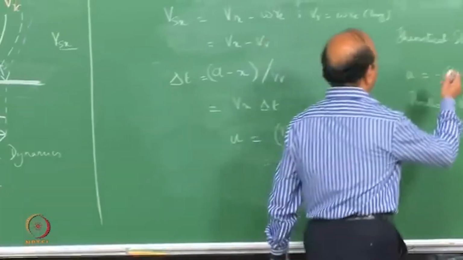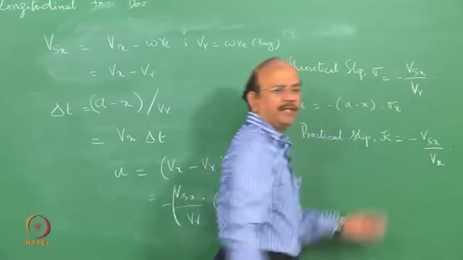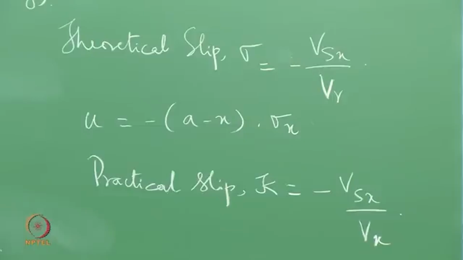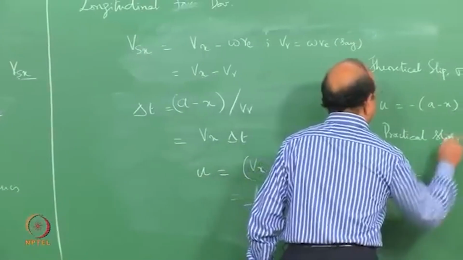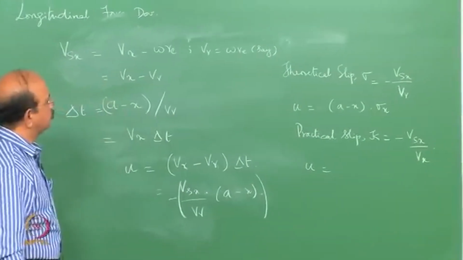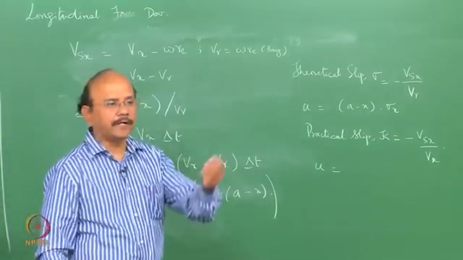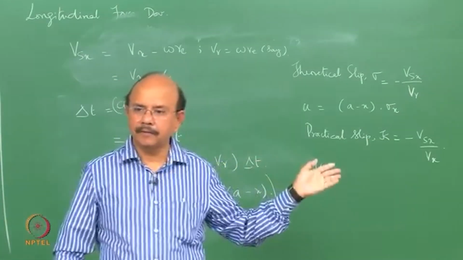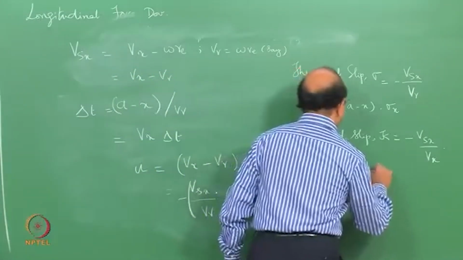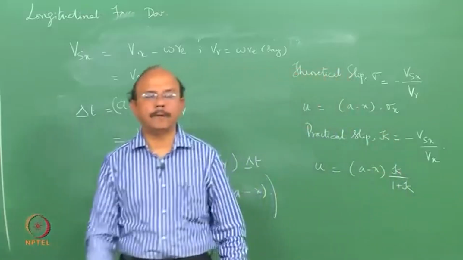There are plus and minus signs, there are so many definitions, I'll stick to this definition. So u can now be written in terms of kappa as well; you can find the relationship between sigma and kappa from this, and it can be written as a minus x kappa into 1 plus kappa.